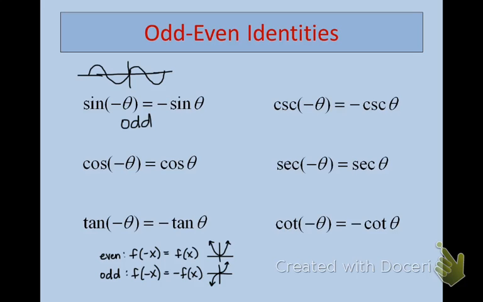So I want you guys just to visualize in your head, I'm not going to draw all the graphs out. The cosine function, is that symmetrical when you graph it? Is that symmetrical about the y-axis? That's why it's even. And when you plug in the negative input, you get just the regular old cosine out, not a negative. Okay? Think of the tangent graph.